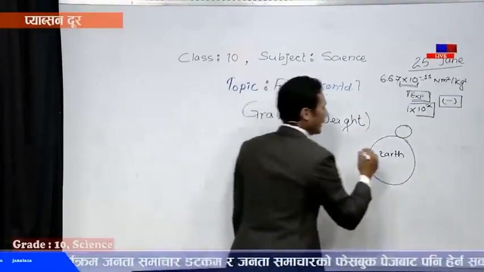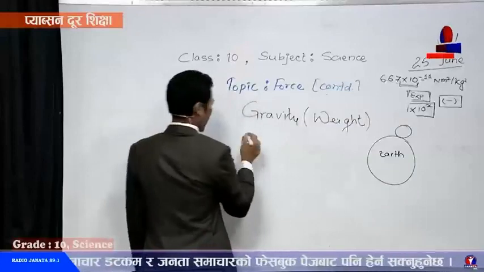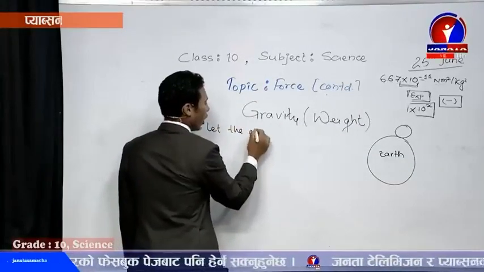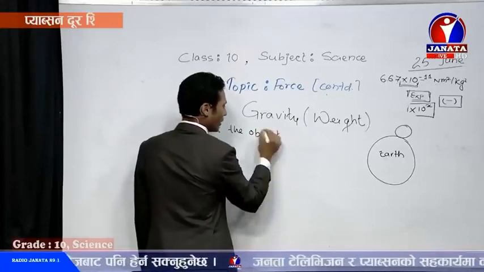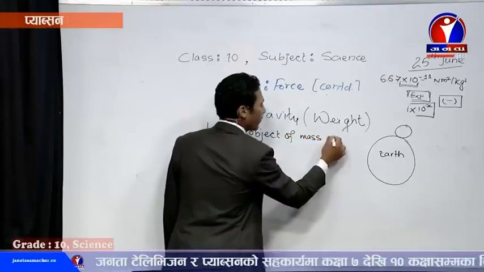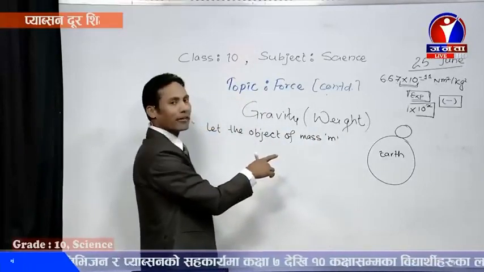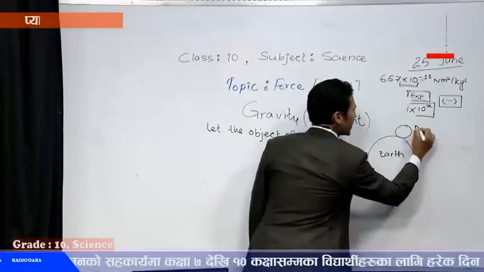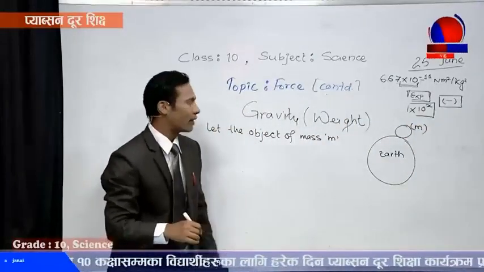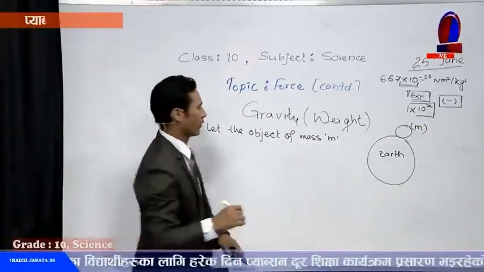Let the object have mass small m. I have represented it here by small m, the mass of the object which is found at the surface of the earth, right?